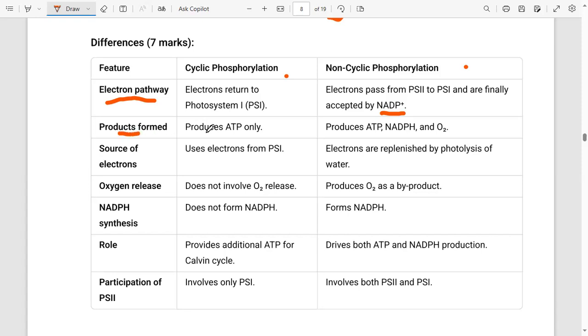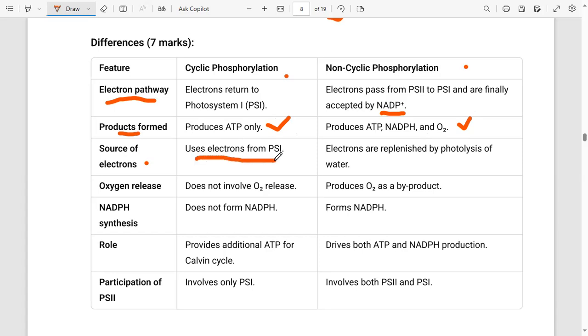In terms of the product produced, in the cyclic we have only ATP. In the non-cyclic we have 3 products: ATP, NADPH, and oxygen.